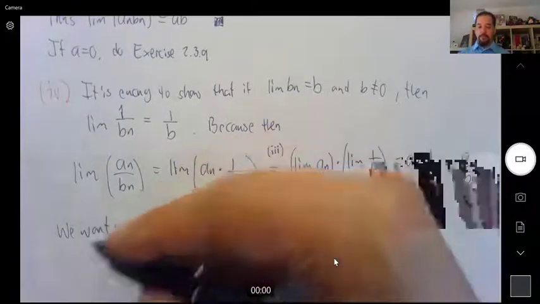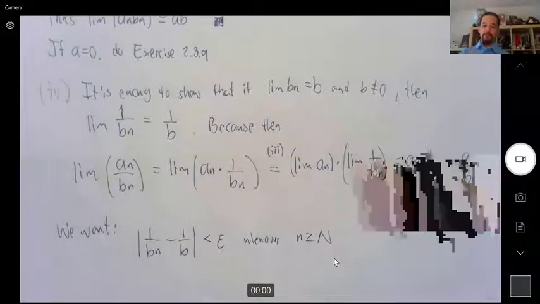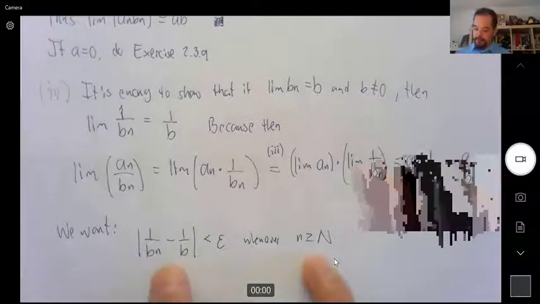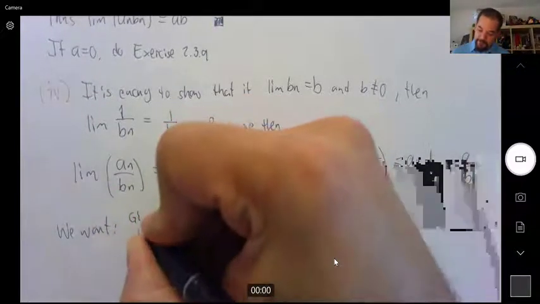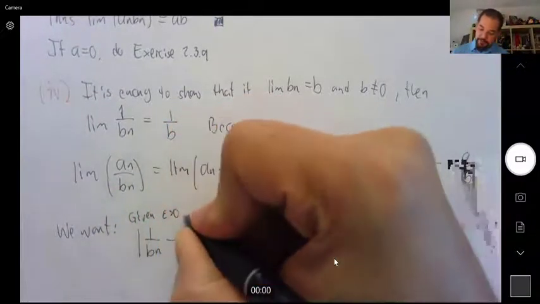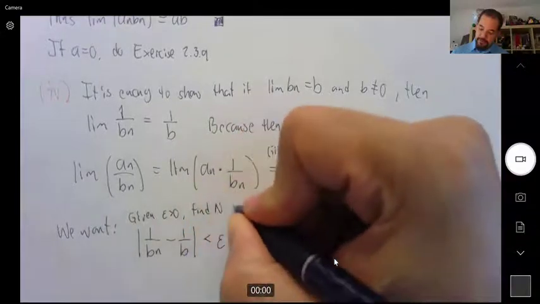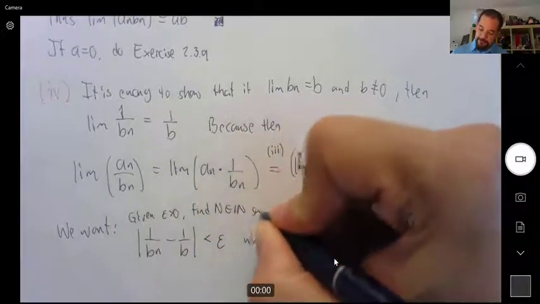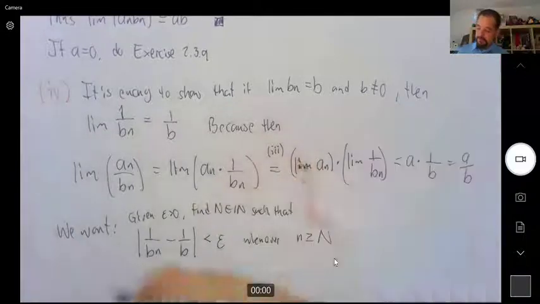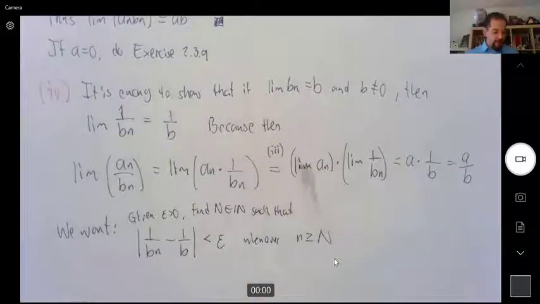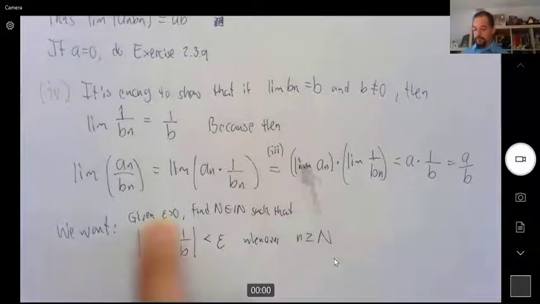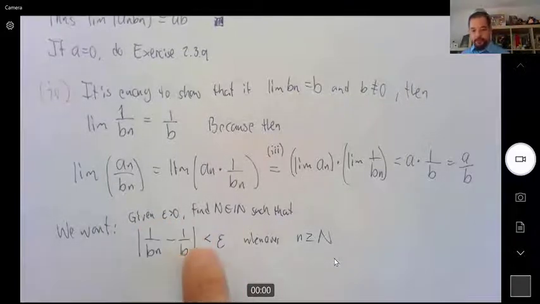More precisely, we want, given epsilon greater than 0, to find a capital N such that this happens, right? And as usual, the way we want to proceed is to start with what we want, right? So let's try to simplify this, make sense of this.